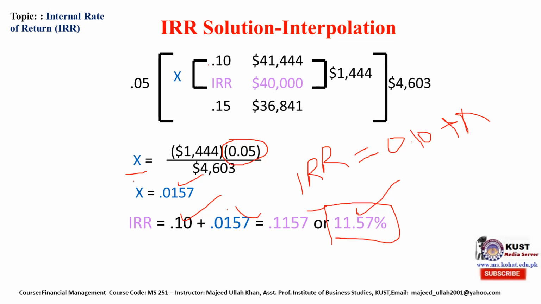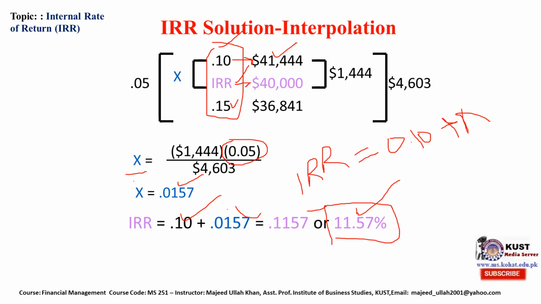Once again, first of all, write these three things: the lower rate, the high rate, then IRR. In front of the lower rate, write the present value of all future cash flow.